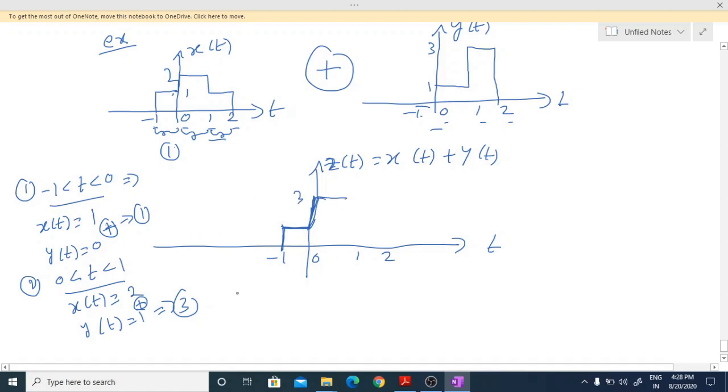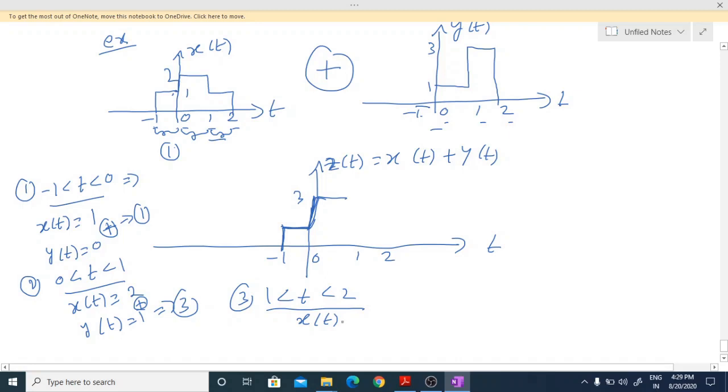And after that, in the third region, the t value is in between 1 to 2. In this case, the x of t signal in between 1 and 2 has amplitude equal to 1. But in the case of y of t, in between 1 to 2, the corresponding amplitude is 3.